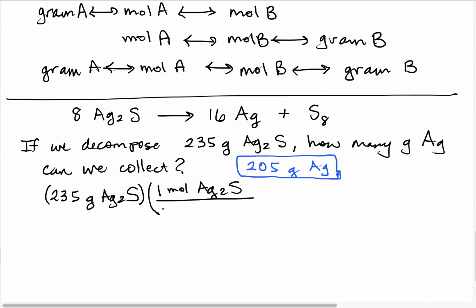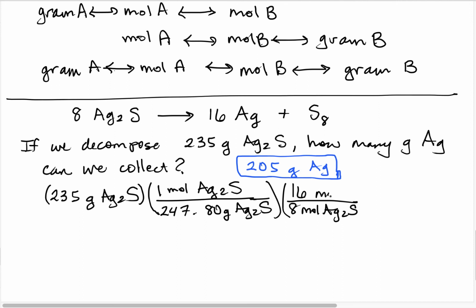So if you pull out your periodic table, you will figure out that 247.80 grams of Ag2S are how much 1 mole weighs. Now my balanced chemical equation says that 8 moles of Ag2S will make 16 moles of silver.